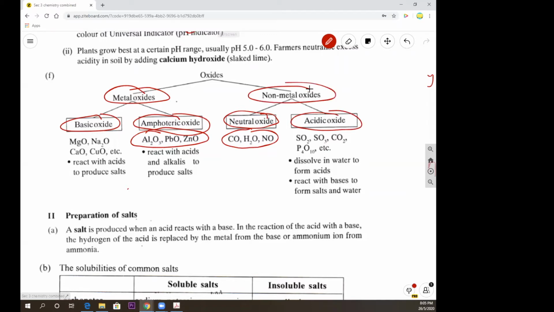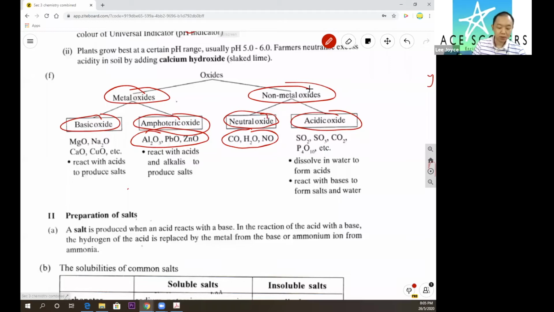You just need to memorize those that I circle. Basically I will ask you, what can create basic oxide? You just say metal plus oxygen will create basic oxide. What creates acidic oxide? A non-metal plus oxygen. What are the neutral oxides? CO, H2O, and NO. What are the amphoteric oxides? Al2O3, PbO, and ZnO.